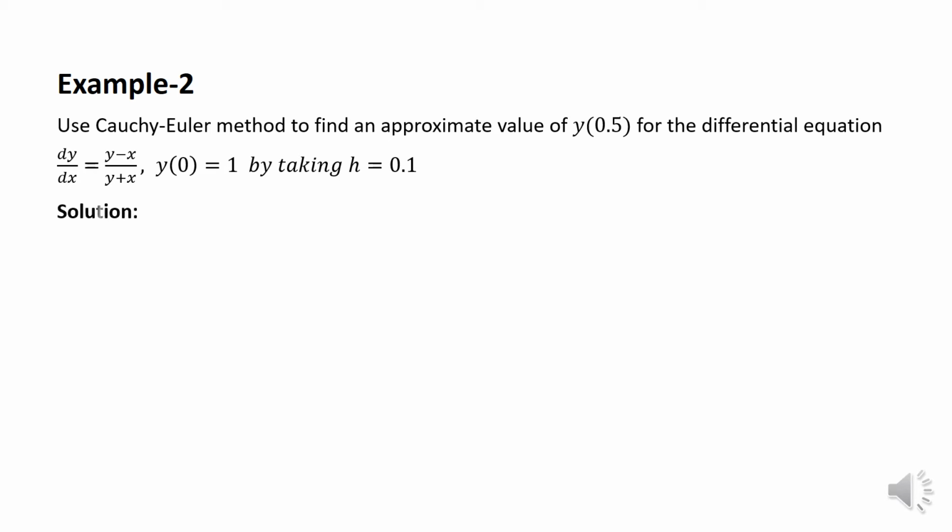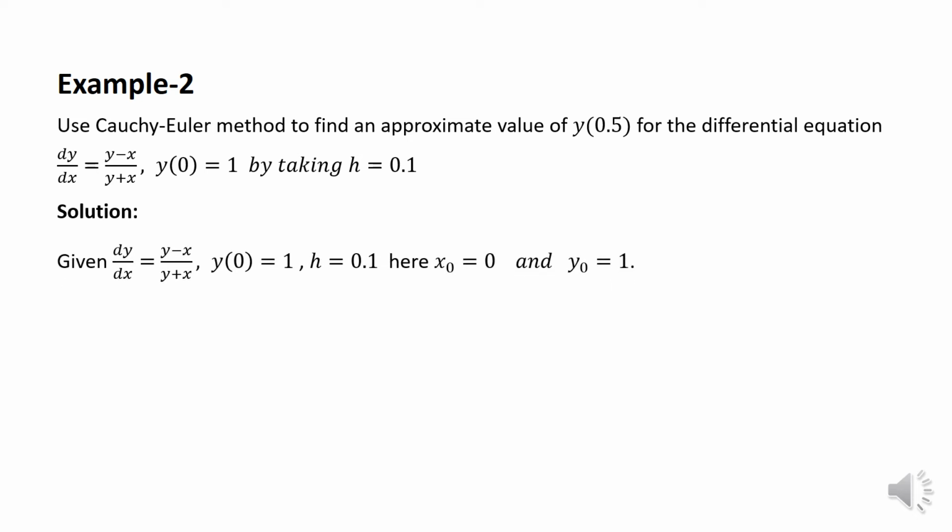The solution is, it is given the differential equation is y minus x by y plus x, and y of 0, that means this is our x naught equal to 0, and this is our y naught, and it is given h equal to 0.1. Let us find the step length here.